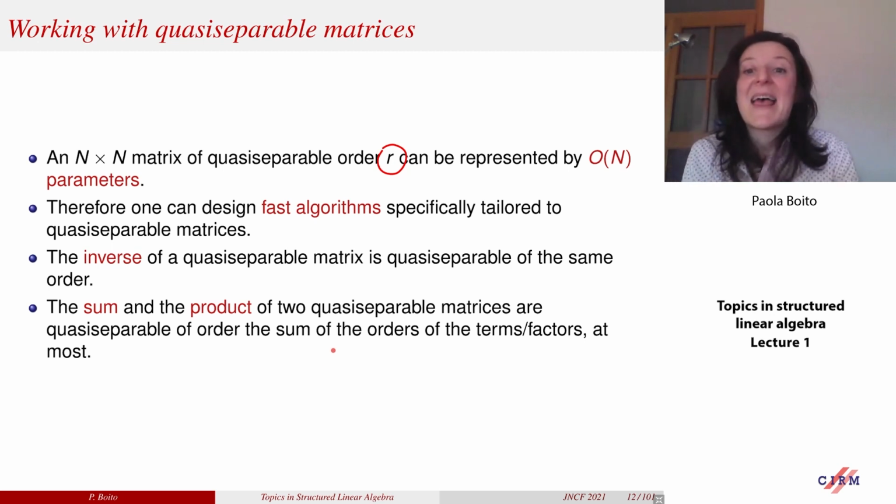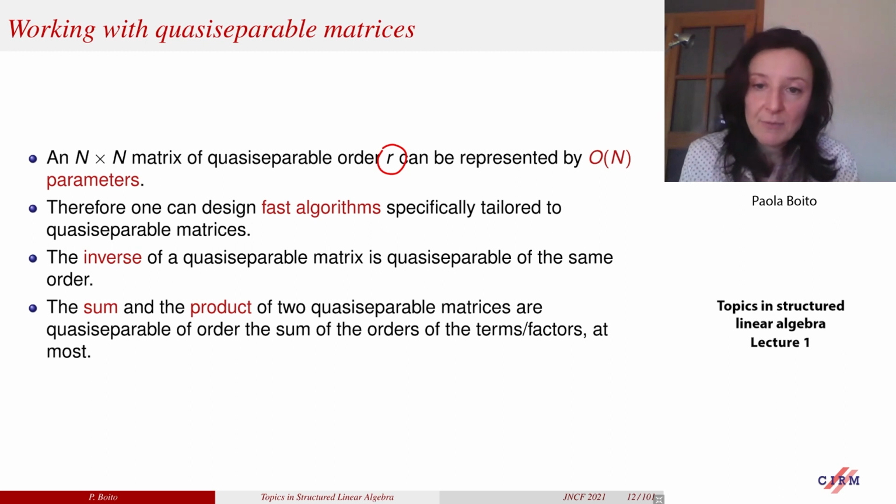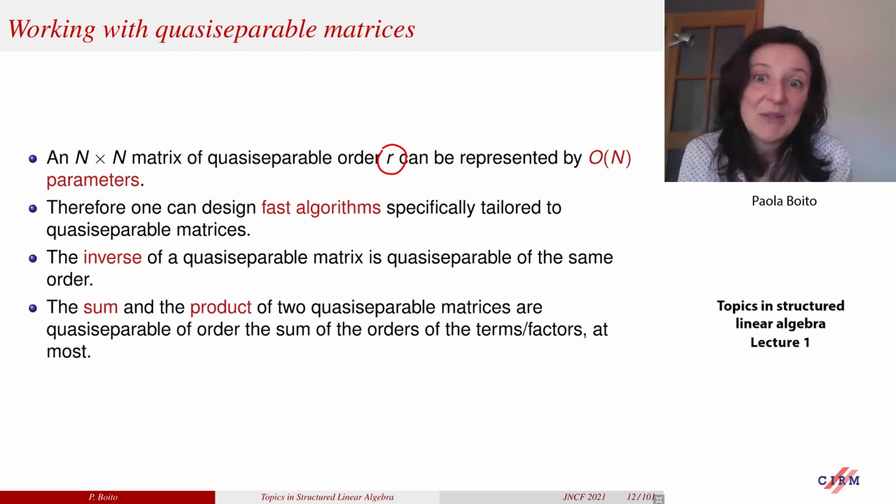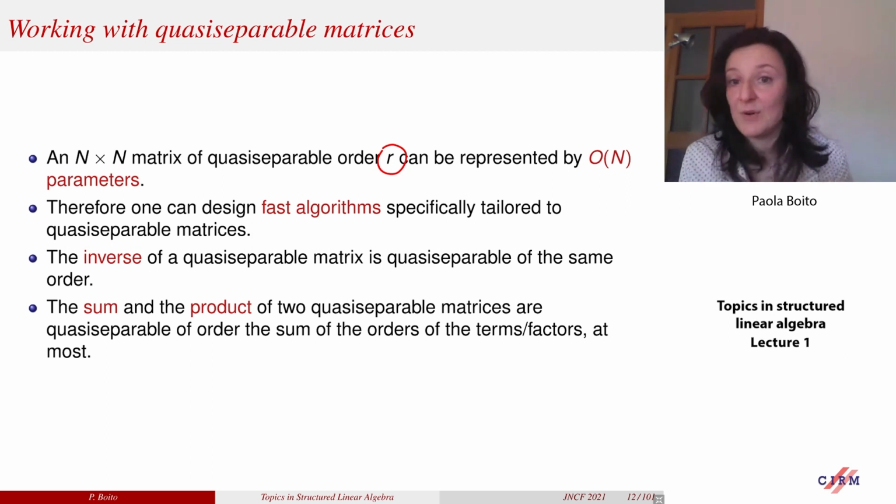So in a quasi-separable algorithm, we can perform inversion as many times as we want, and we'll still get a quasi-separable matrix with the same representation, same structure we had at the beginning. We can perform sums and products, but we have to use them sparingly, because each time the quasi-separability orders might increase, and so the complexity of the algorithm risks increasing if we don't bound the number of sums and products.